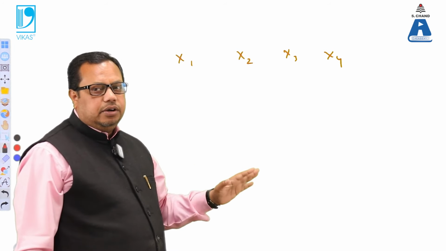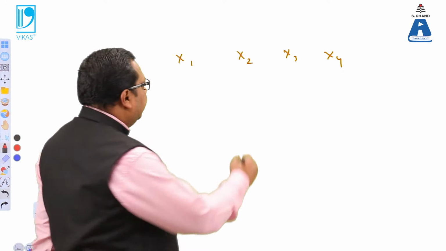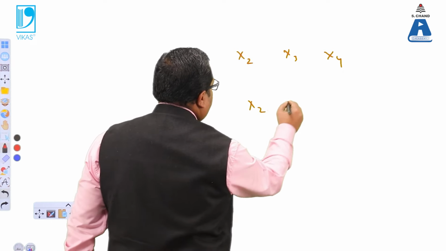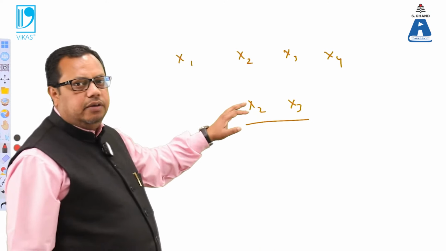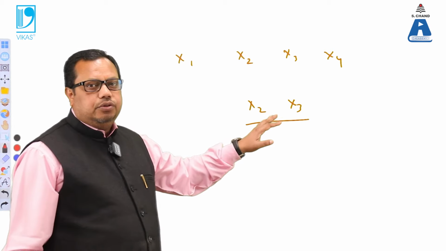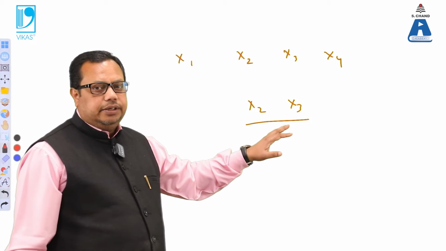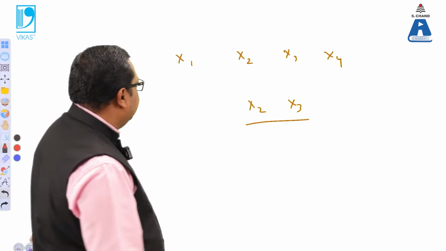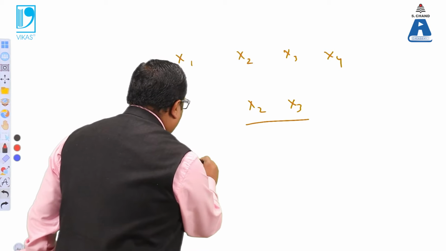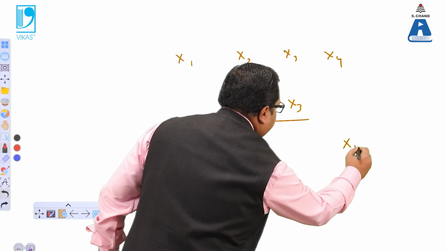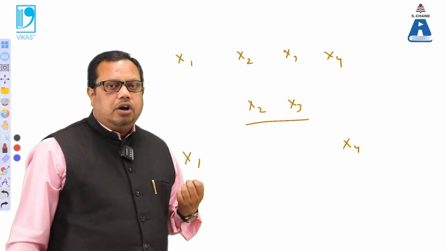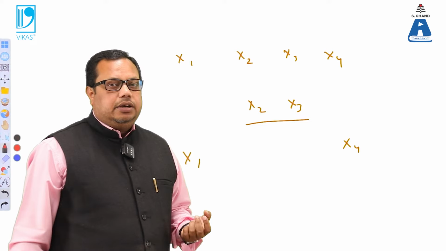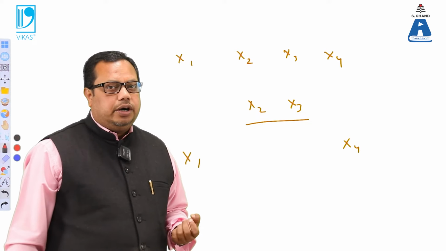We can calculate the summation, but in the next format what we want is only the middle values, x2 and x3. So when we need the middle values, in that case also we can use x2 and x3. Suppose in the third one we are looking for the corner values, then we can use the corner values also. So format always depends upon the output, what kind of output we require.